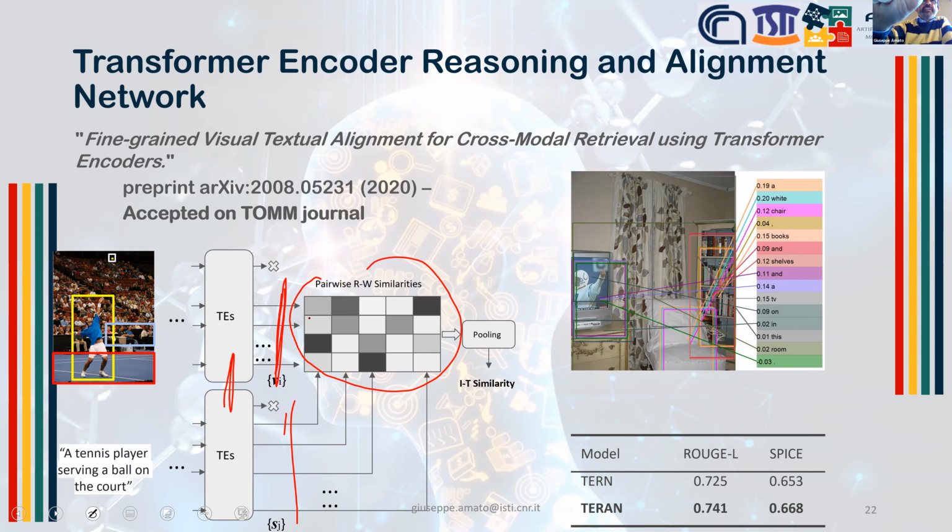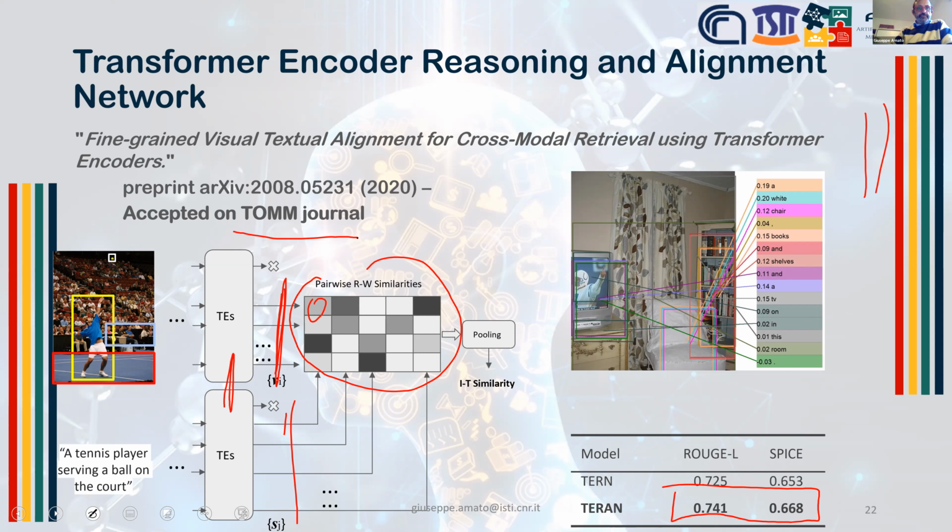So for every region, we measure the similarity between the words or the features extracted from words in the text part. By adding this additional layer, we further improve the results. And by using this, we are always better than our previous methods, but also the state of the art. And by the way, this result was accepted to be published in Transactional Multimedia Journal.